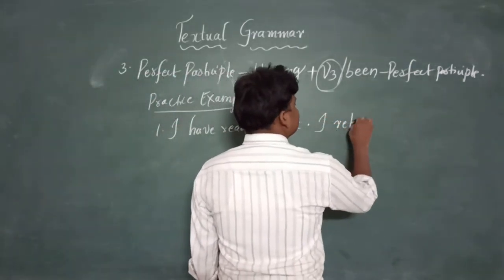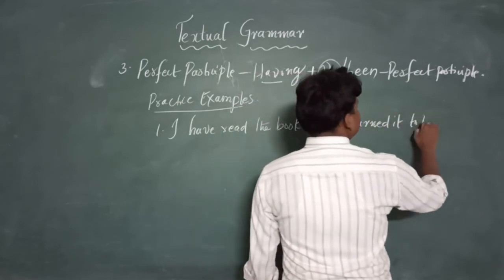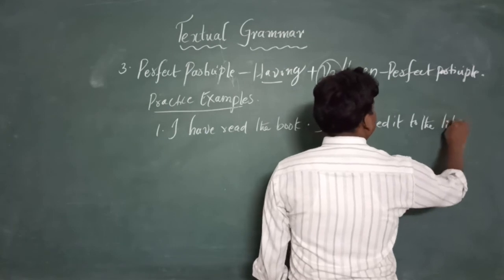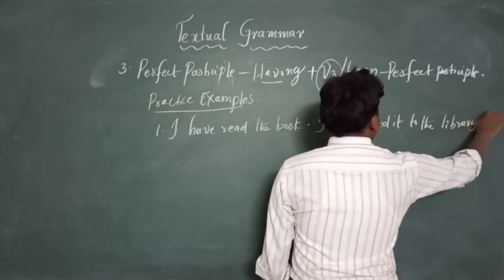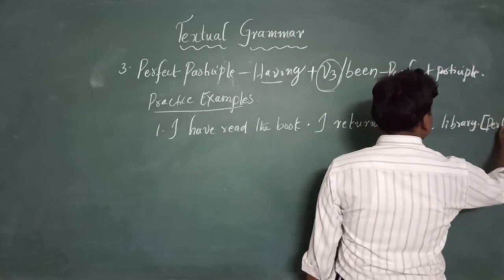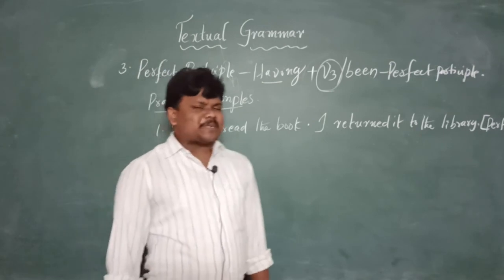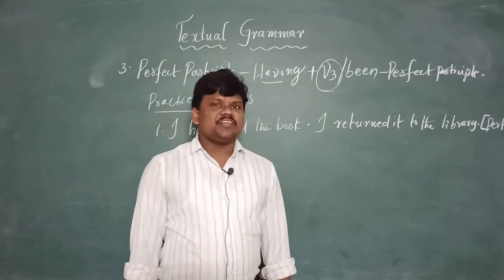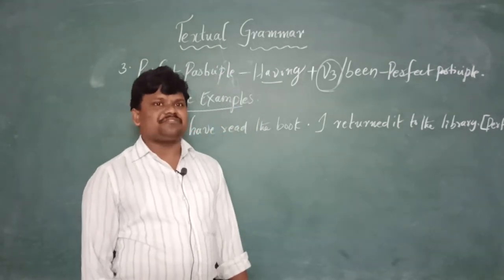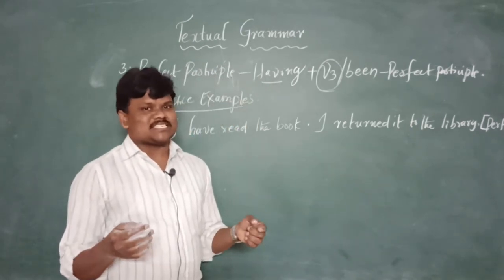I returned it to the library. We need to combine these two sentences with perfect participle. If it is present participle, ing; if it is past participle, V3; if it is perfect participle, having. You should chant these like mantras.